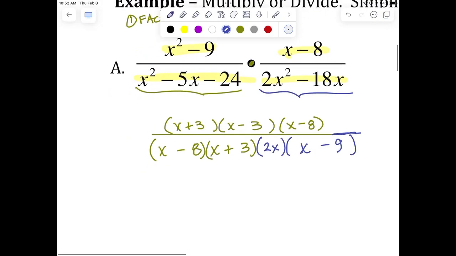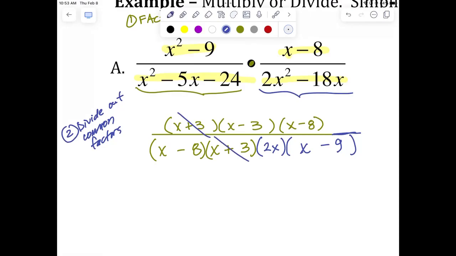So remember what happens when you have things that are multiplied from high to low. Any common factor divides out. So that's our next step. Number two, we're going to divide out, not cancel. We're going to divide out common factors. It has to be the exact same. Do we have any common factors on the top and bottom? Give me one. X plus 3.